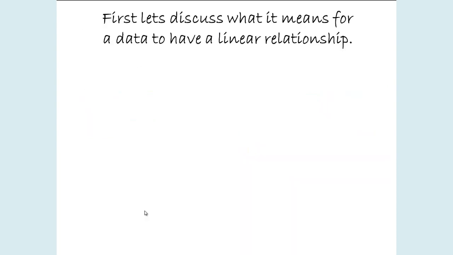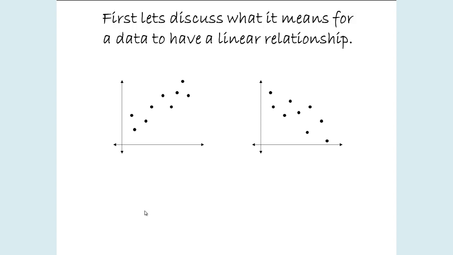First, let's discuss what it means for data to have a linear relationship. Look at both sets of dots. These are ordered pairs, an x grouped with a y, where we're associating one number with another number, an input with an output.